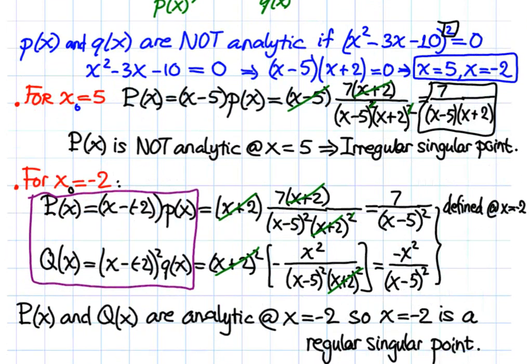So we have to compute the singular points first, and then we determine if each is irregular or regular. And if one of P of x or Q of x is not analytic, like in this case P of x is not analytic, we do not need to go any further.